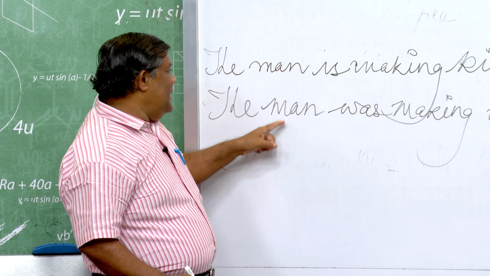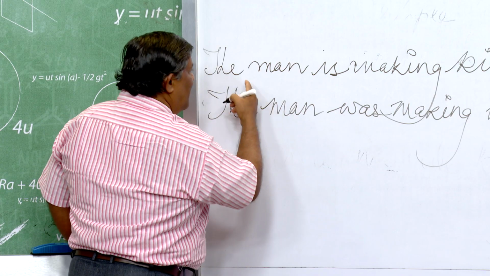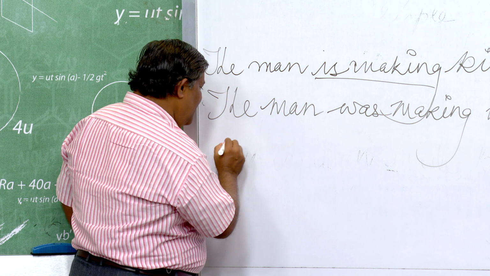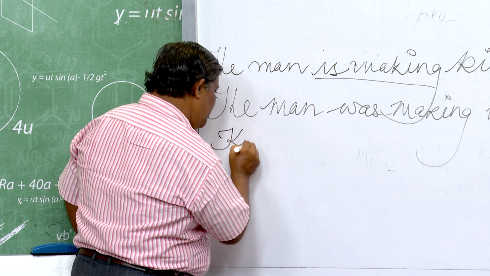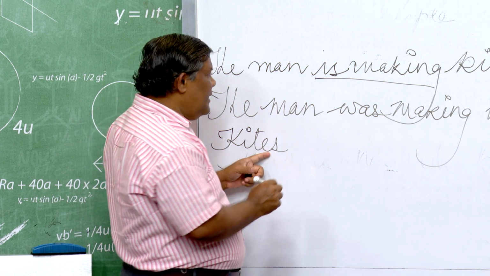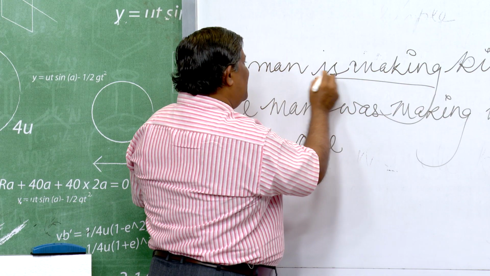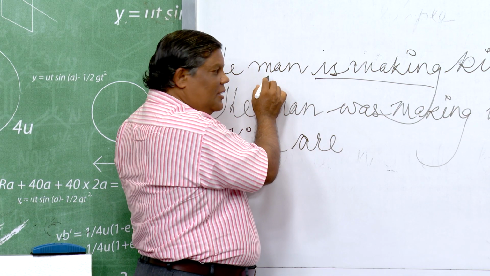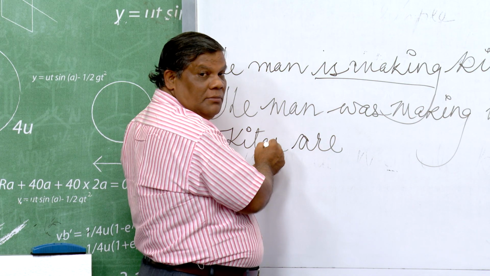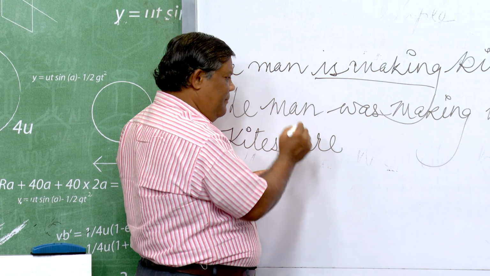When we make it passive, let us take the form is making. The form is object first. So, kites, for present tense, then it was with man because it was singular, third person singular, therefore it was is. Now it is third person plural number, therefore it is are.